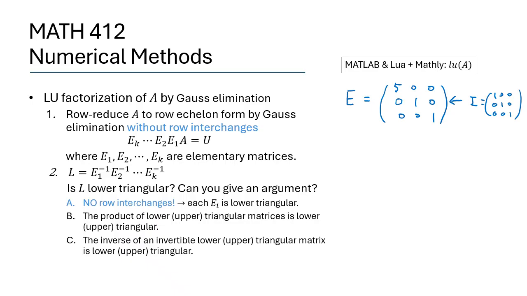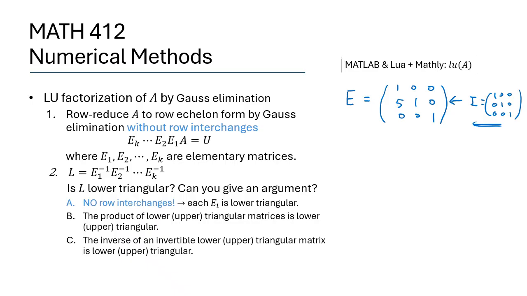Okay, how about if it's the fourth row times 5 added to the second row? Yes, it's from this identity matrix. If you want to work on matrix A, the fourth row multiplied by 5 and added to the second row will be this.